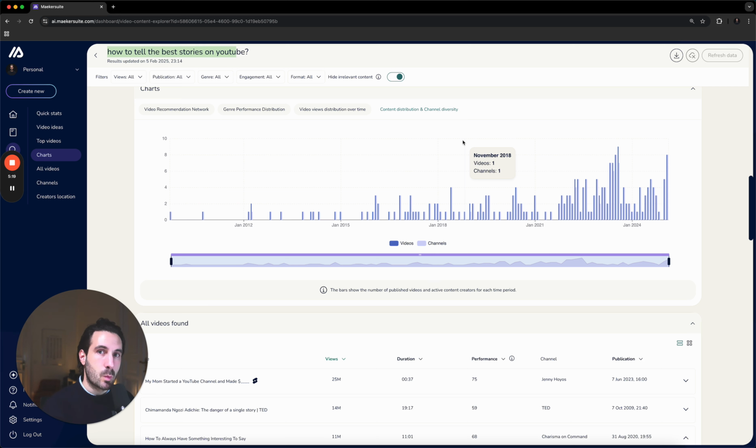If you see that there's quite an uneven distribution, you could argue that maybe it's already saturated. But you could also argue that if there's so many different people talking about this topic, maybe there's room for one more. So this is an interesting graph. I wouldn't take too much from it. I think the most important graphs are those 3.